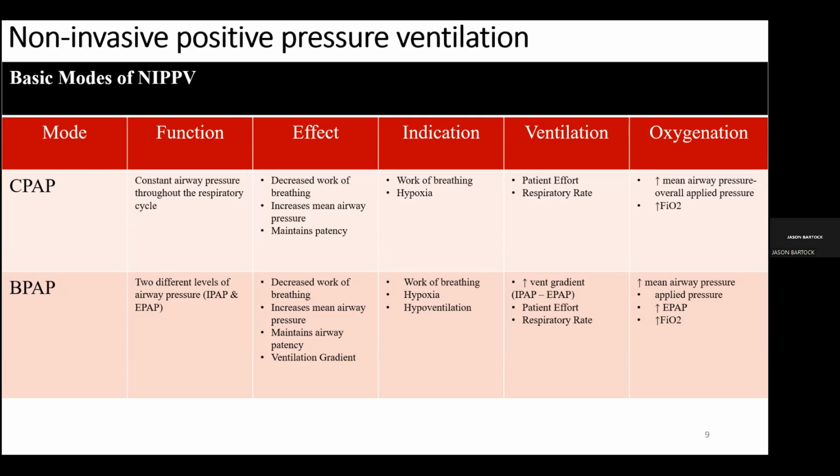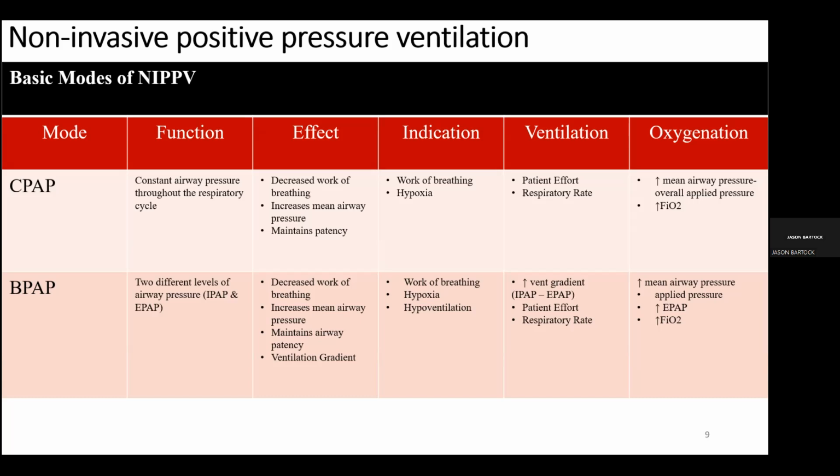The IPAP is the inspiratory force which you apply. The EPAP is the expiratory force which you maintain. You can think about the EPAP sort of like PEEP. The IPAP is the driving pressure, and the differential between them is the clearance gradient.